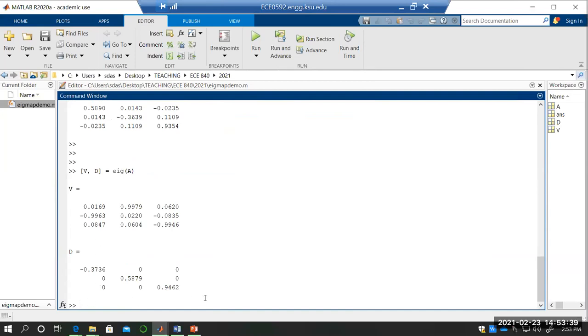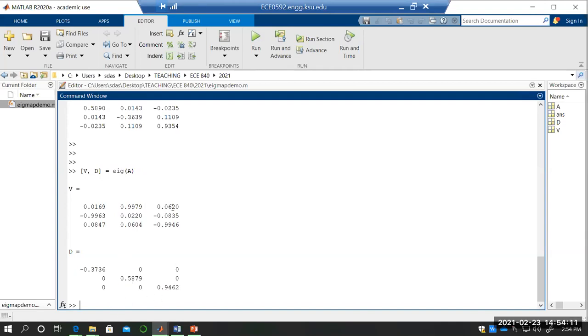So 0.0169, negative 0.9963, 0.0847 is one eigenvector, and the corresponding eigenvalue is negative 0.3736. Then the second eigenvector is 0.9979, 0.0220, 0.0604, and the corresponding eigenvalue is 0.587.